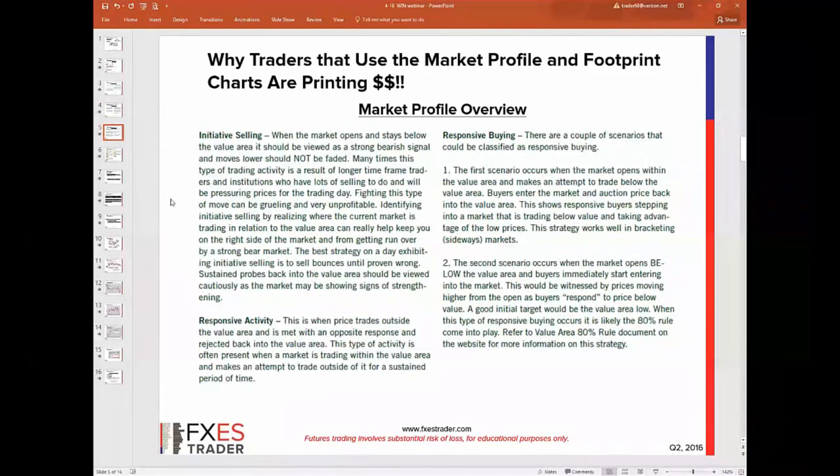Now, the most important concept that can keep traders on the right side of the market, especially if you're a trend trader looking to trade the pullbacks, is initiative selling. This is one of the most important concepts in market profile, because if you can spot any type of initiative selling or buying, you know that the other time frame players in the market are active.